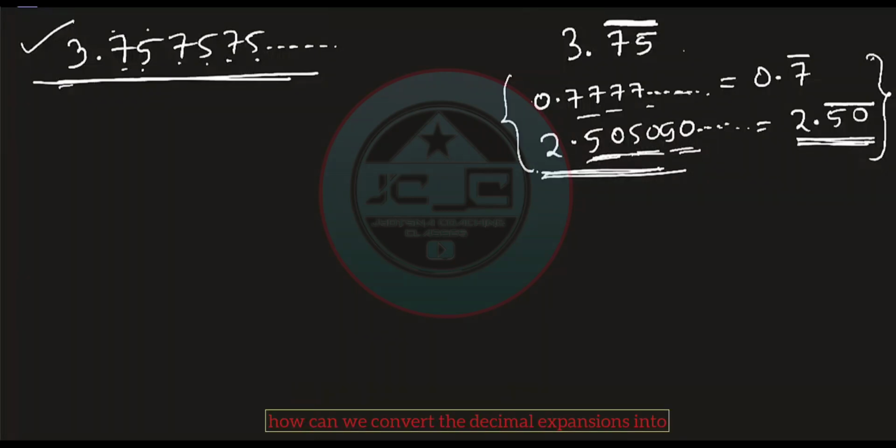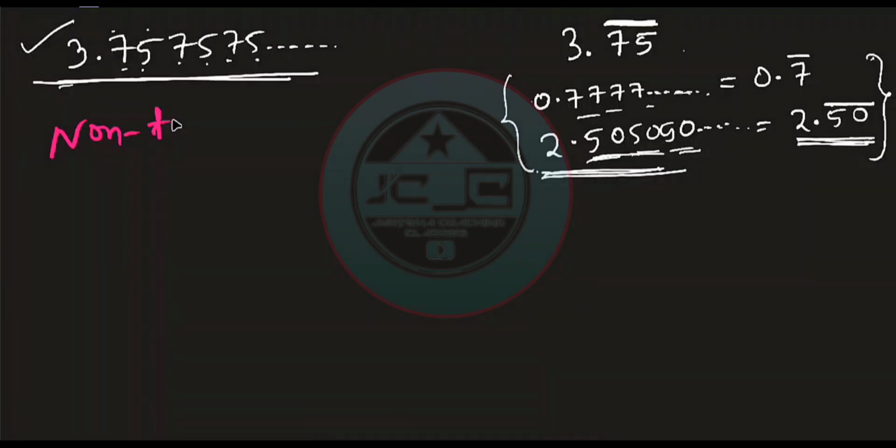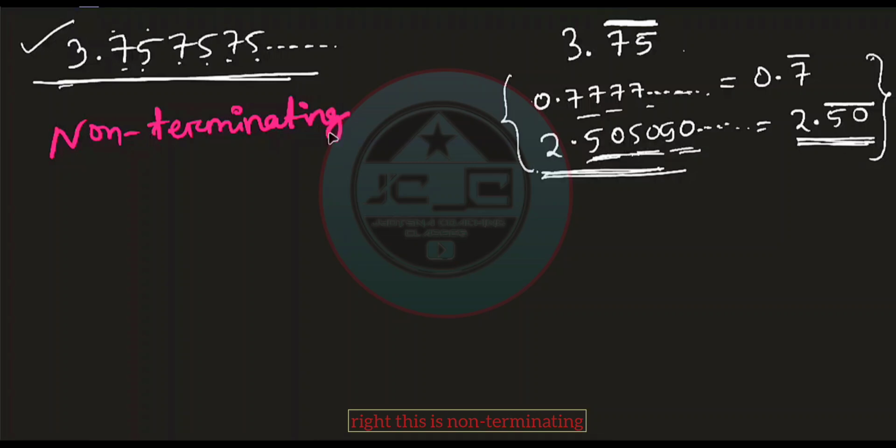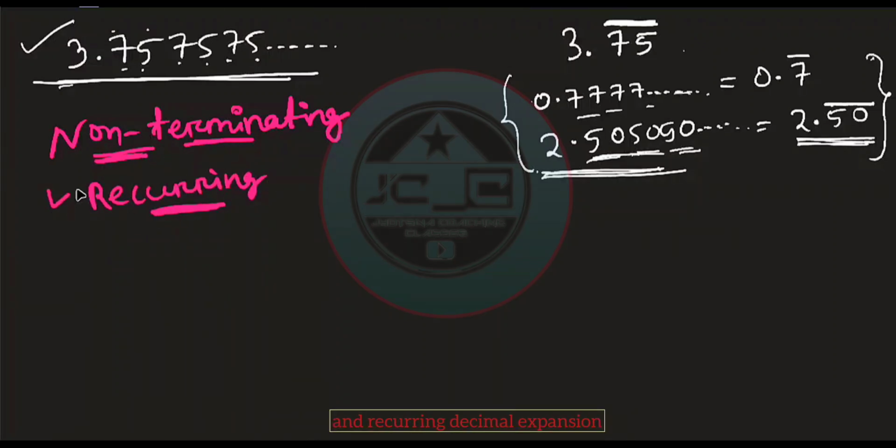How can we convert the decimal expansions into this? This is non-terminating, right? This is non-terminating, also recurring. So this is a non-terminating and recurring decimal expansion.